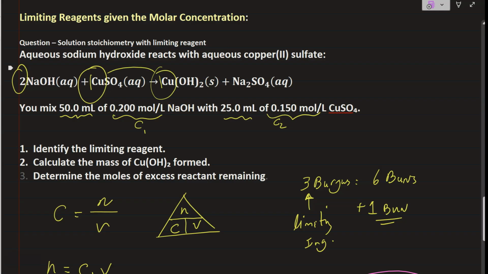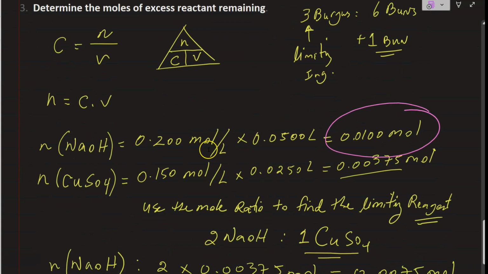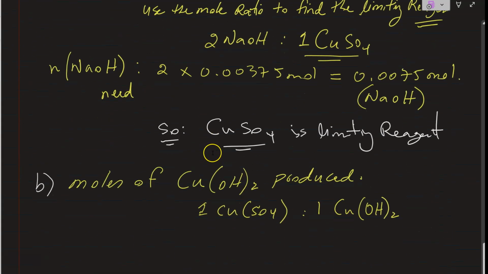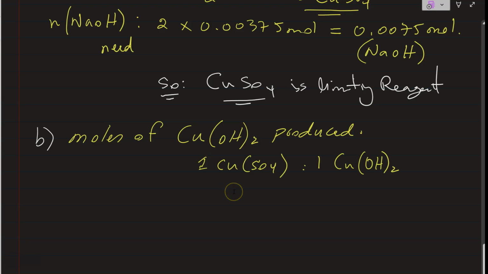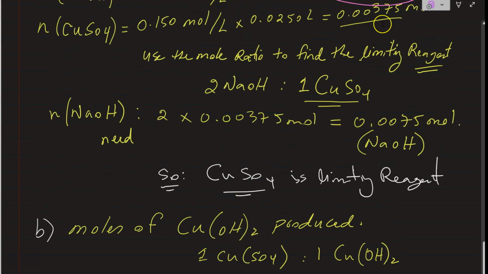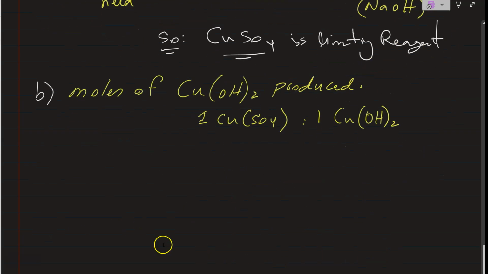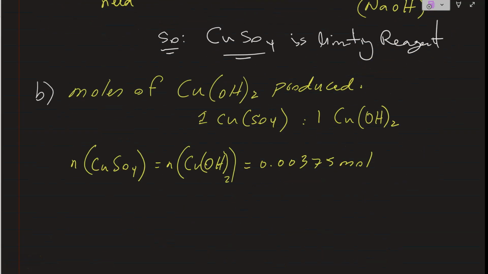These two are a 1 to 1 ratio. Very good. Now we already know the number of moles of our copper sulfate, which is 0.00375. We've calculated it at the top, right there. So let's write it up. That's what we get: the same number of moles for copper hydroxide.